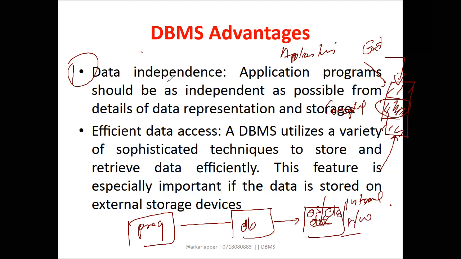So what we are trying to achieve here is data independence. Application programs should be as independent as possible from the details of the data representation. This is the application program, this is the database.